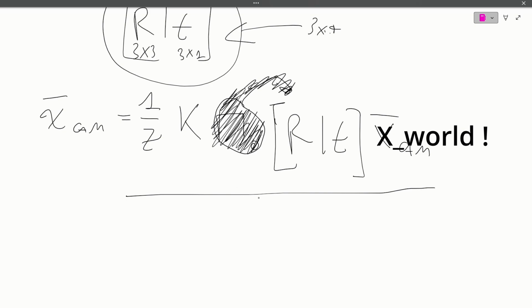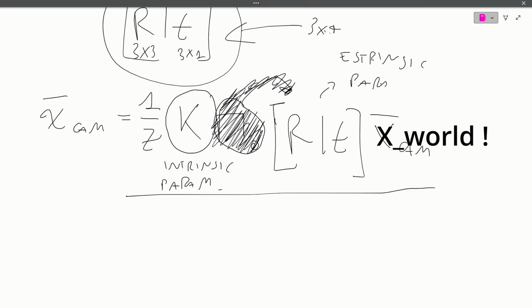This is our equation, and we can call this matrix, this is very important, this is the K matrix. The entries of this matrix are called intrinsic parameters, while these entries here are called extrinsic parameters.